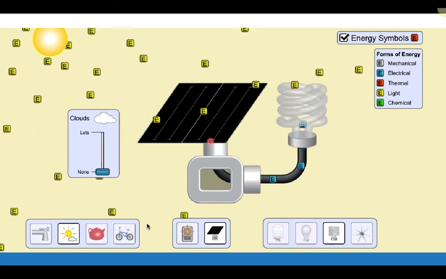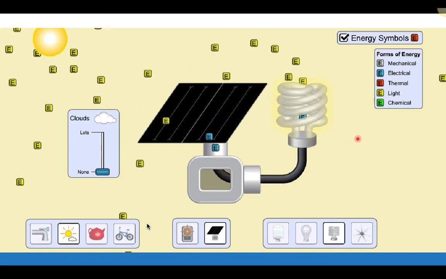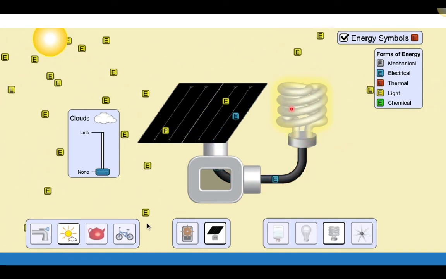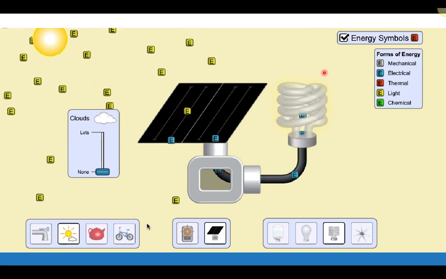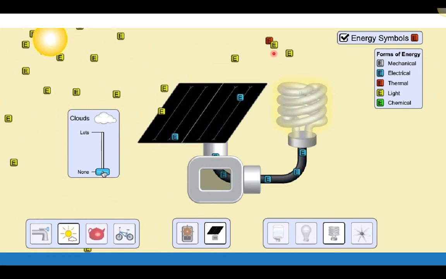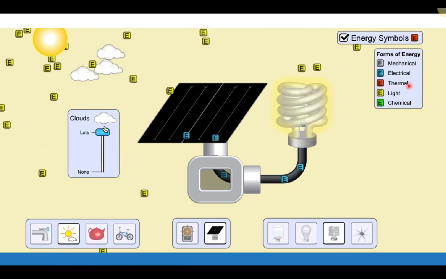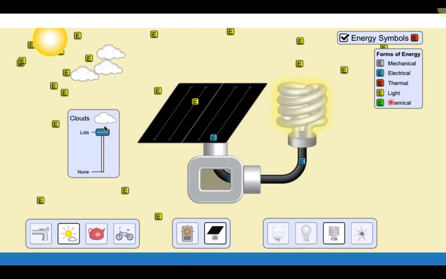When it hits that solar panel, the light energy is converted into electrical energy, and then it's connected to a light bulb, so it's converted back into light energy and a little bit of heat. So there was a little bit of thermal energy that went off of that. This is a different type of light bulb, and it doesn't produce nearly the same amount of heat as the traditional light bulb that we saw in the last case. So again, different forms of energy are being converted from some starting energy to some ending energy.